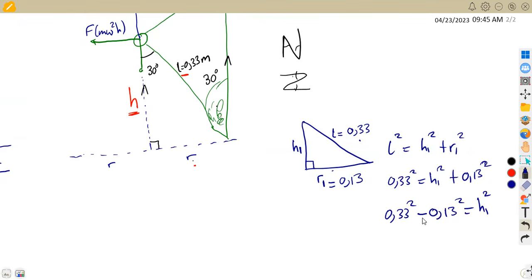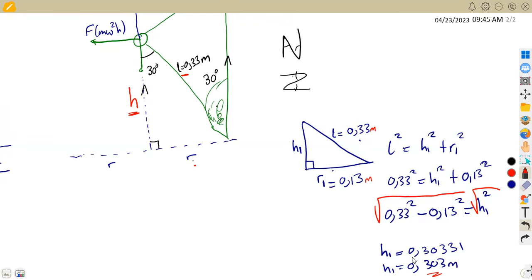It was adding, so it is going to subtract. To find H1, you introduce the square root on both sides. So H1 is equal to the square root of this, which gives us 0.303, and so on. It is in meters, because we used L in meters and the radius in meters, which means our H1 is also in meters.